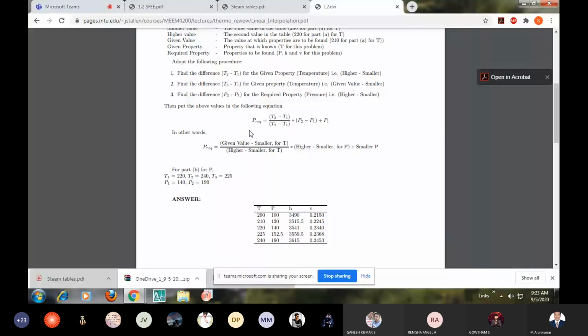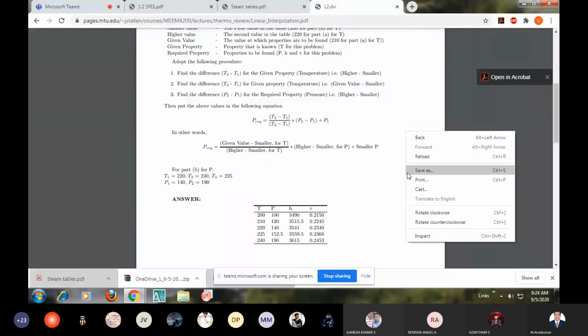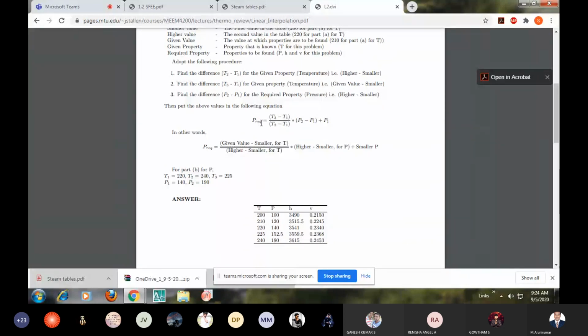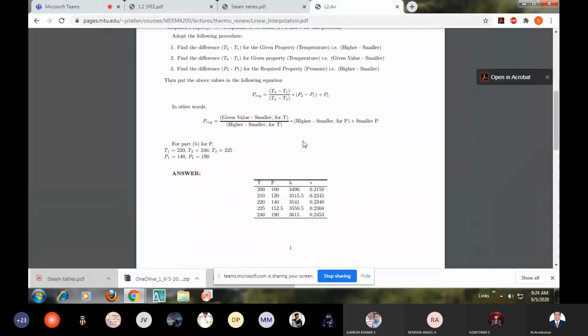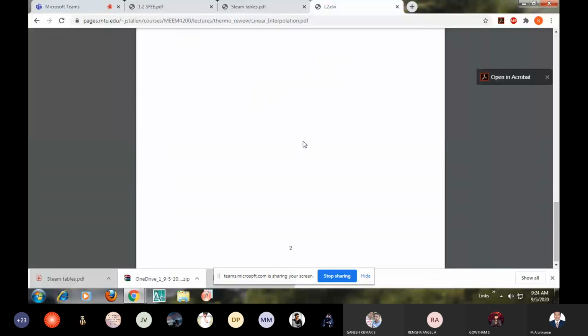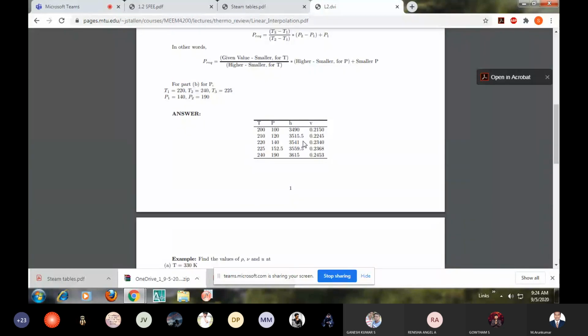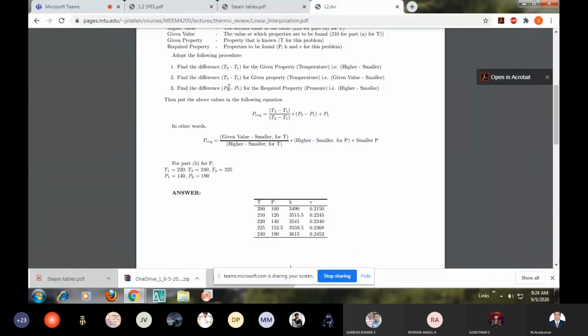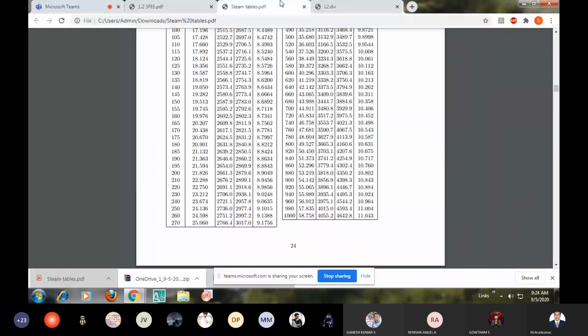Take this formula, P equal to T3 minus T1 divided by T2 minus T1 into T1 plus T1. So how can we derive this equation?